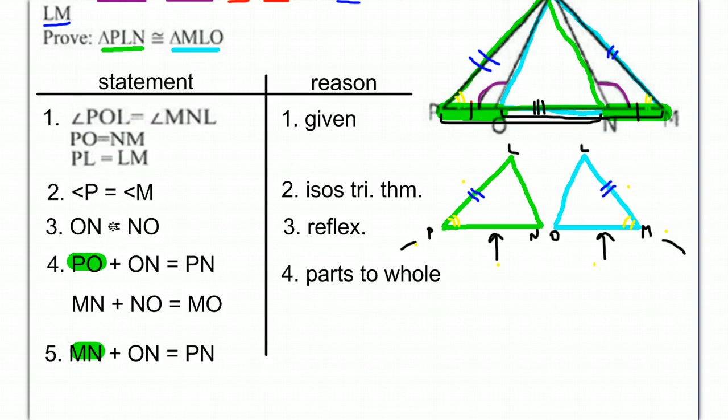I also know that NO and ON are the same, so by the reflexive property, I can go ahead and just write it like that. And what I'm slowly starting to do is MN plus NO equals MO, MN plus NO equals PN. I did substitution.